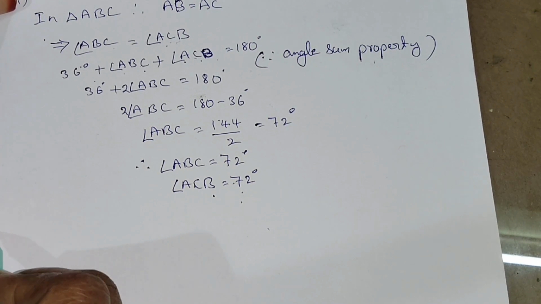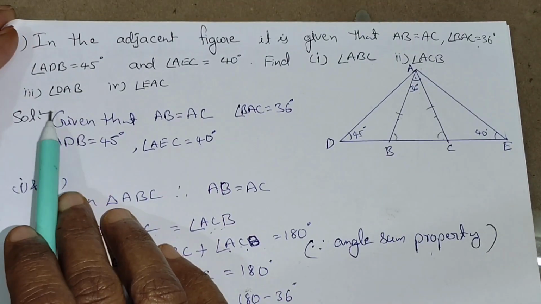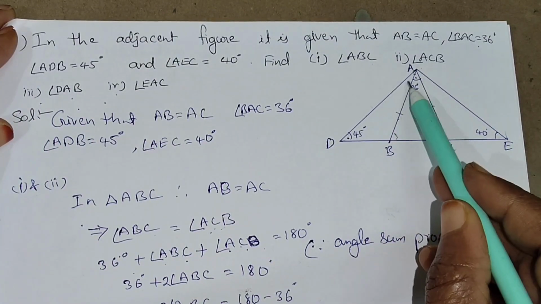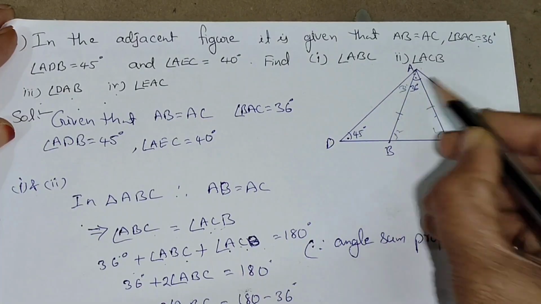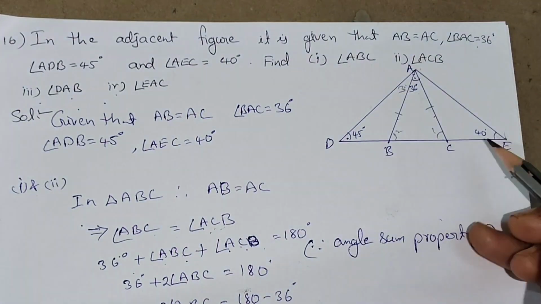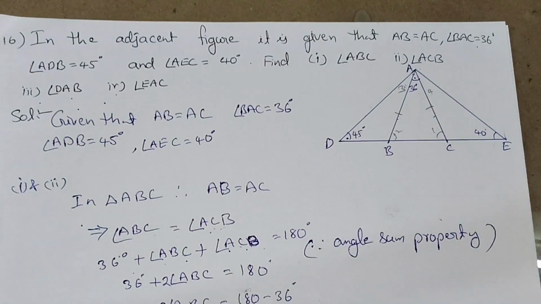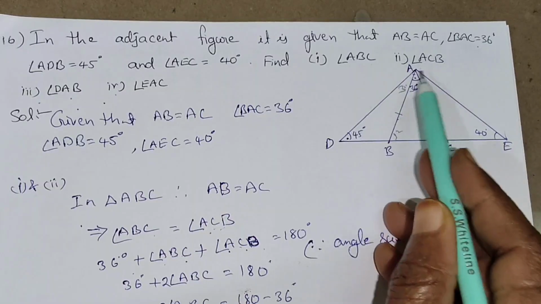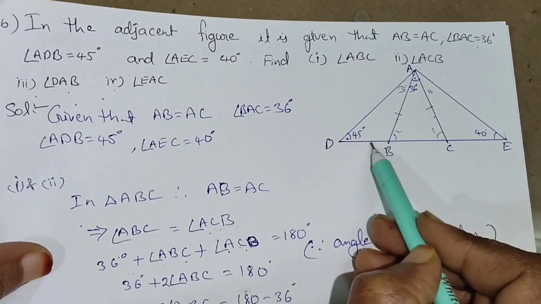Next we find the third one, angle DAB, and the fourth one asking is EAC. First we find the third angle, DAB. Here we know this one is a linear angle.